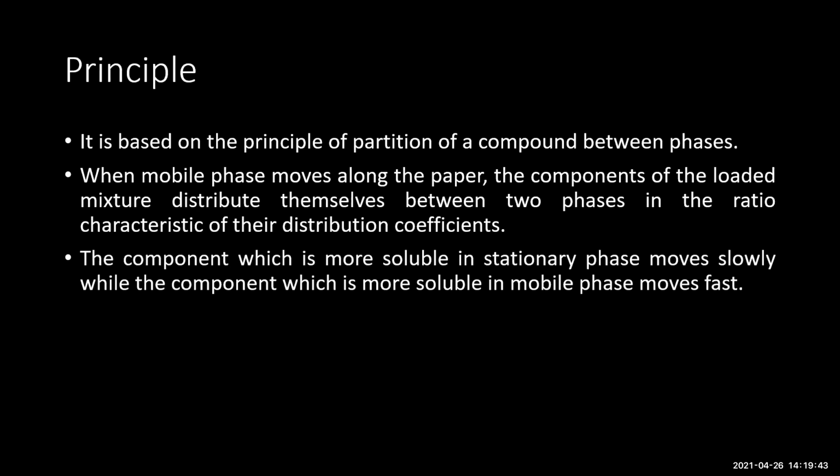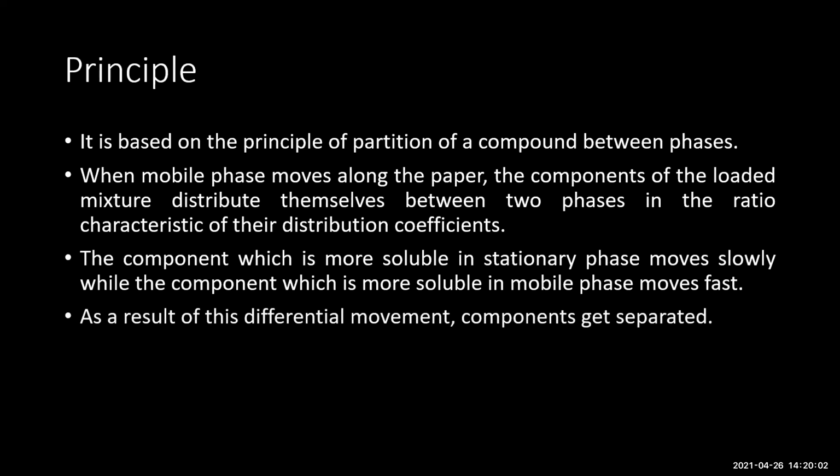The sample has different types of components. One is more soluble in the stationary phase, one is more soluble in the mobile phase. Whichever is more soluble in the stationary phase will move slowly during the process. The one which is more soluble in the mobile phase will move faster. As a result, there is a differential movement.